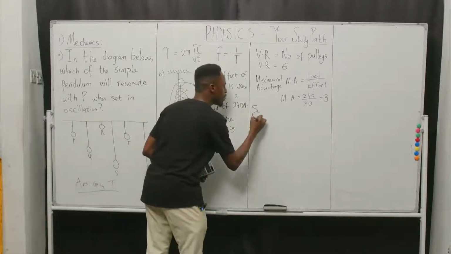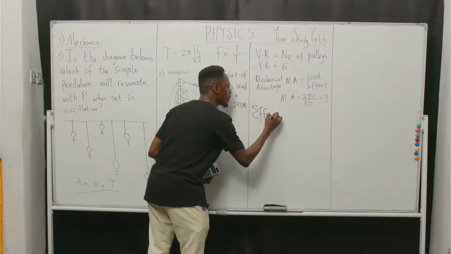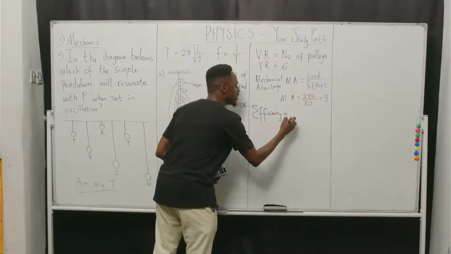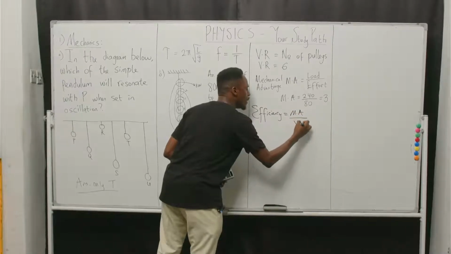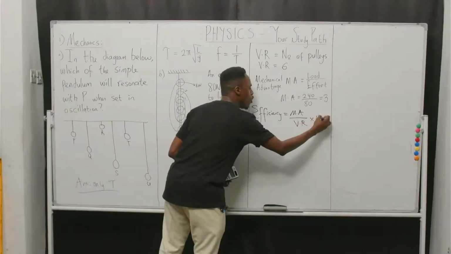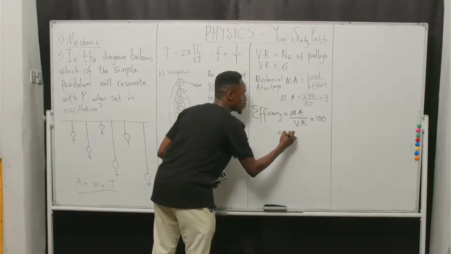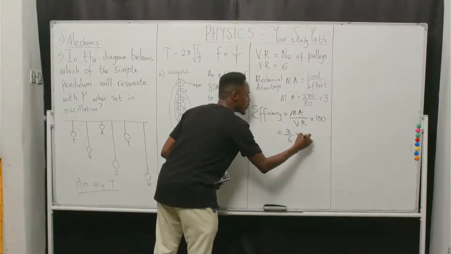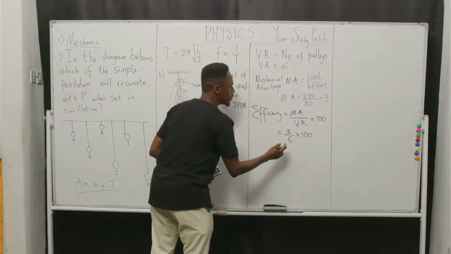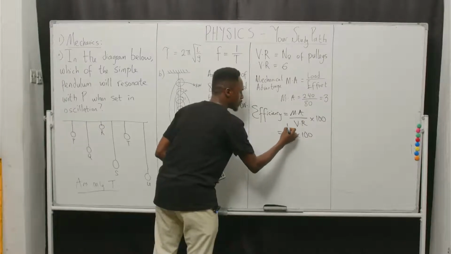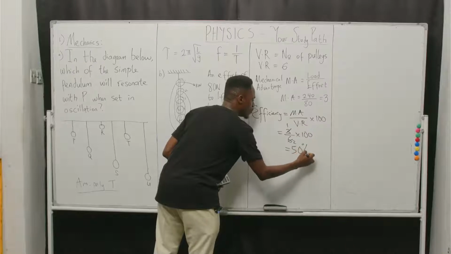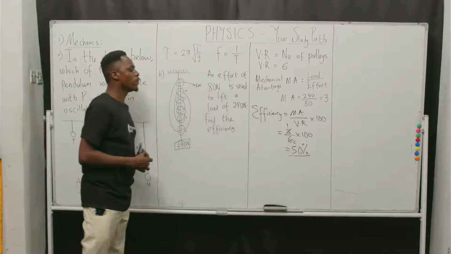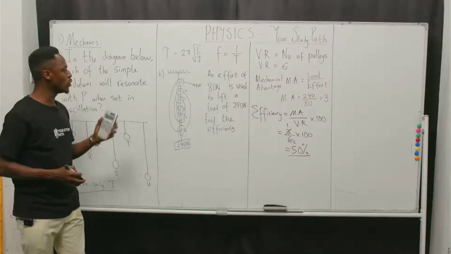We say efficiency is equal to MA over VR times 100. And this gives us 3 over 6 multiplied by 100. And here we have 50% as the value we want to get.